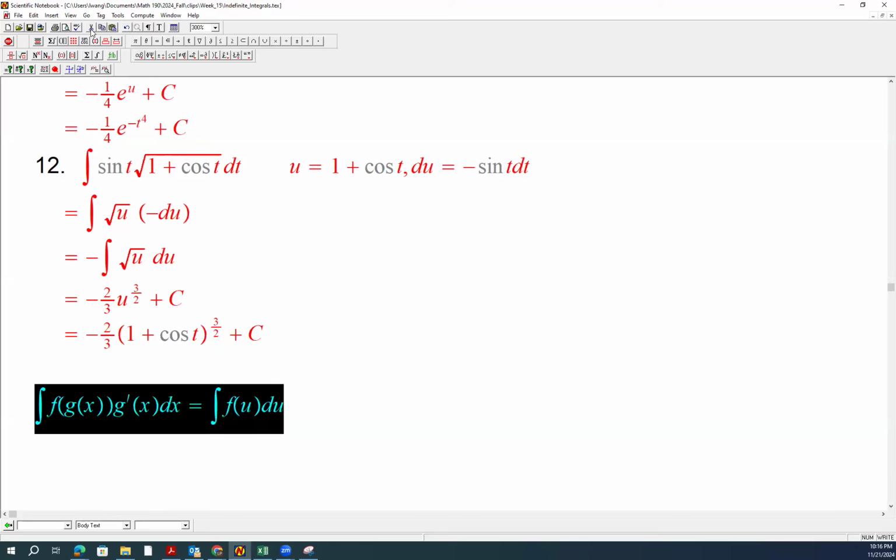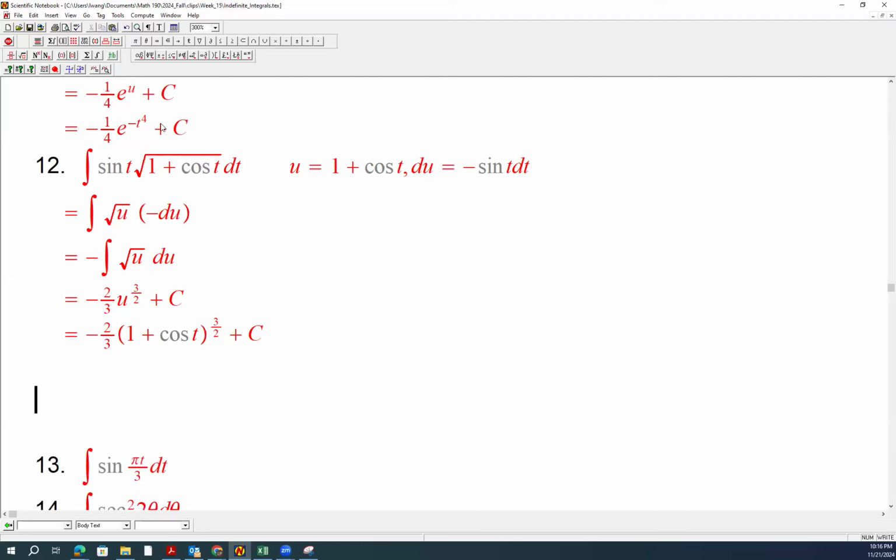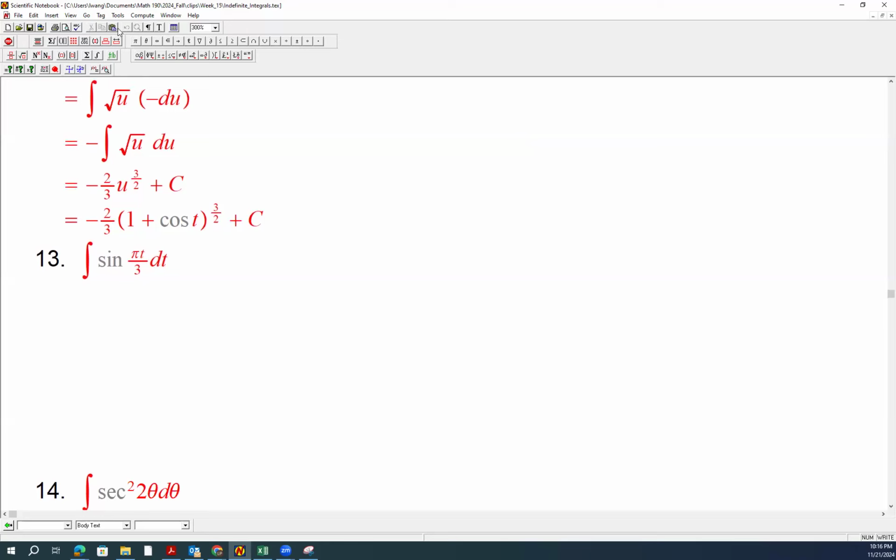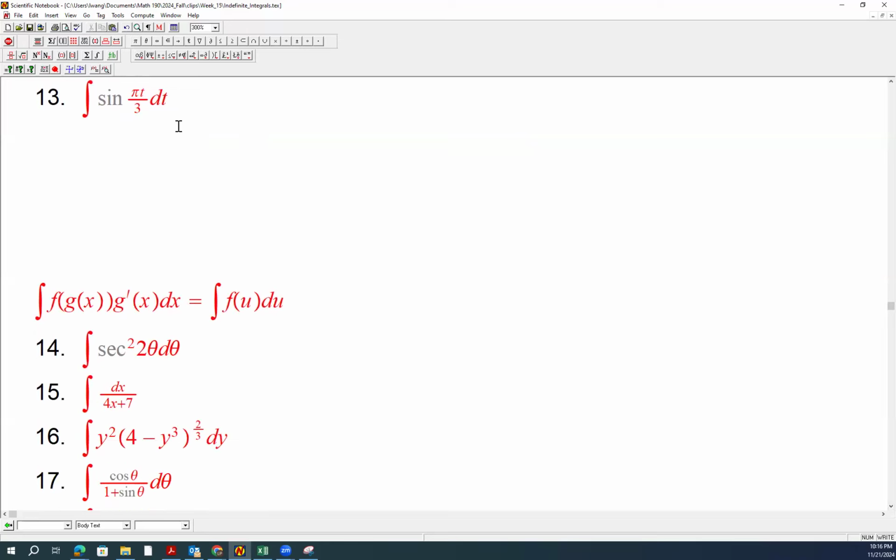Okay, 13. Okay, so we're still doing substitution, and this substitution is pretty much similar to what we did before, but let's do it anyway, because I do want to show you how to show work.